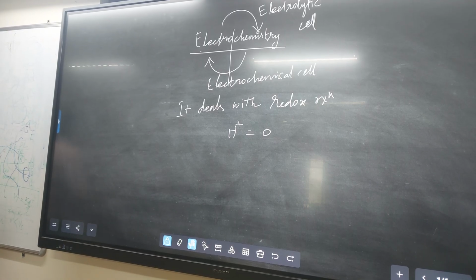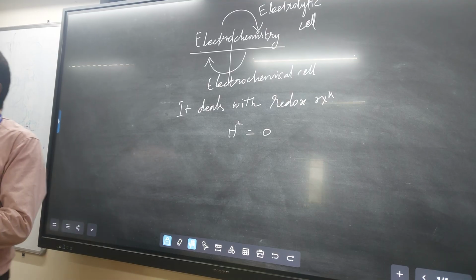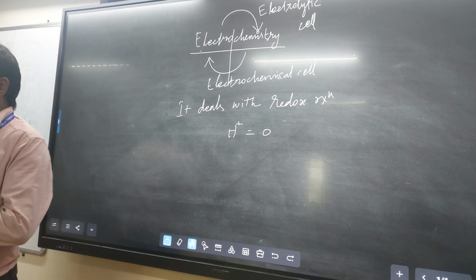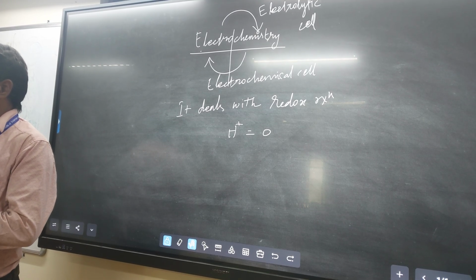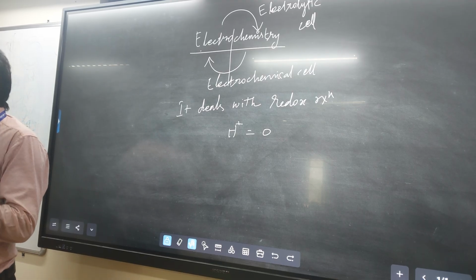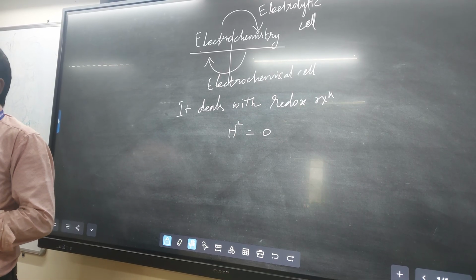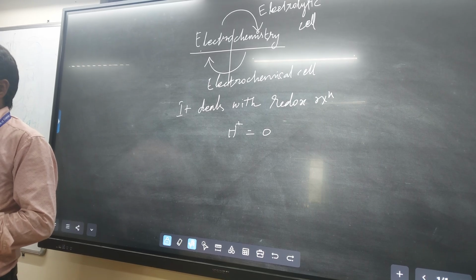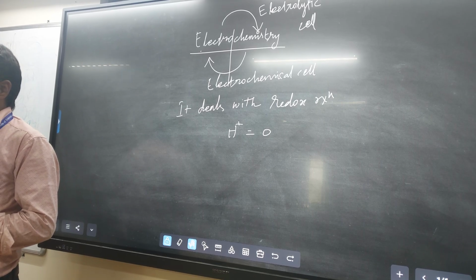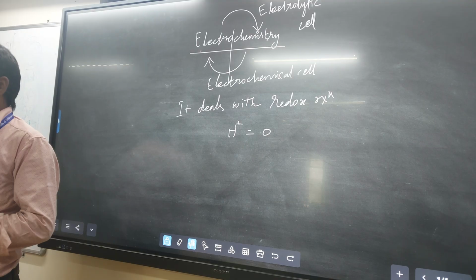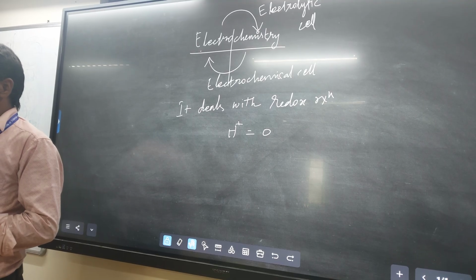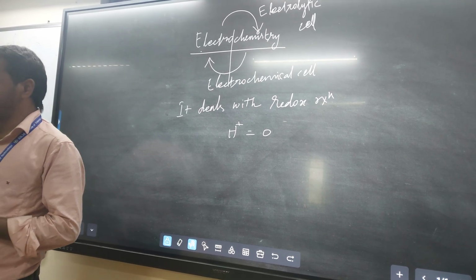When we connect zinc and copper, what is that cell? We connect zinc and copper in the electrochemical reaction. That is a basic cell. When you read electrochemistry, the basic cell is copper and zinc. You connect, what is that cell name? Daniel cell. Daniel cell, copper and zinc.